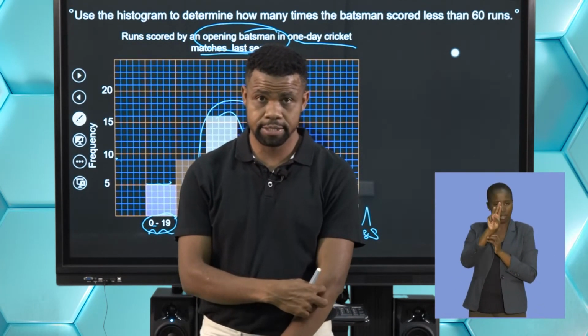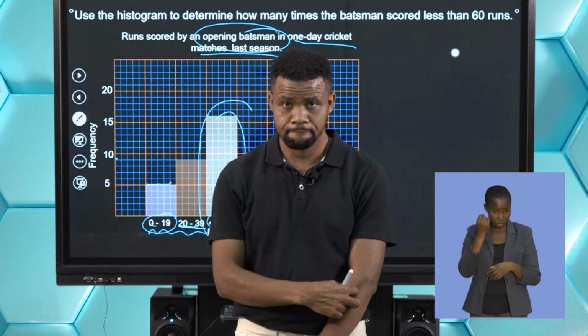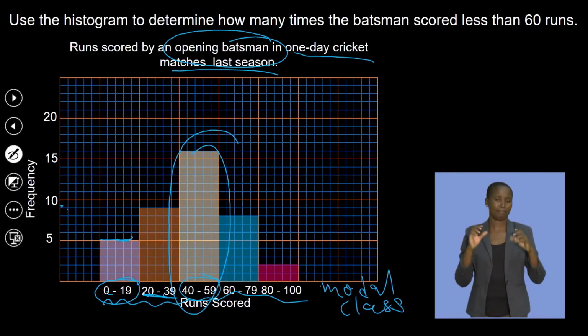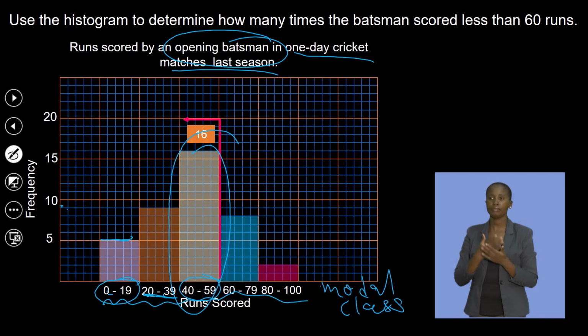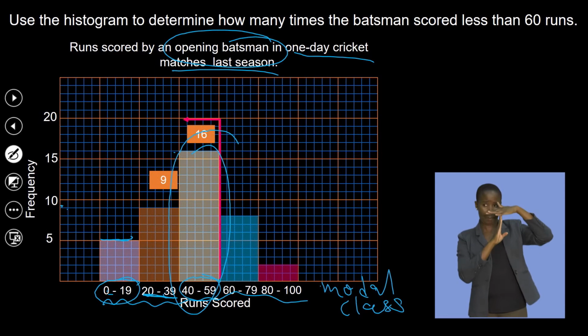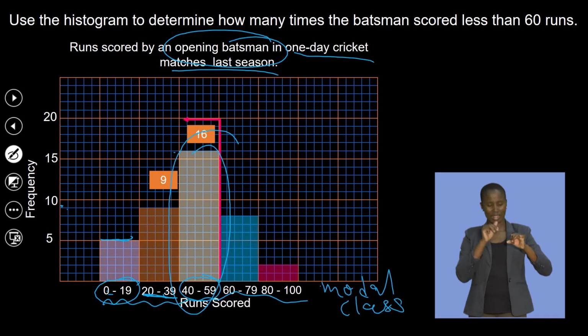Are you all together, guys? Okay. Great. So let's look at this. We have 16 there, followed by 9, then followed by 5.